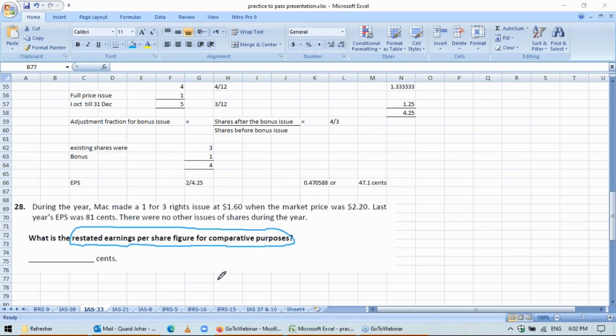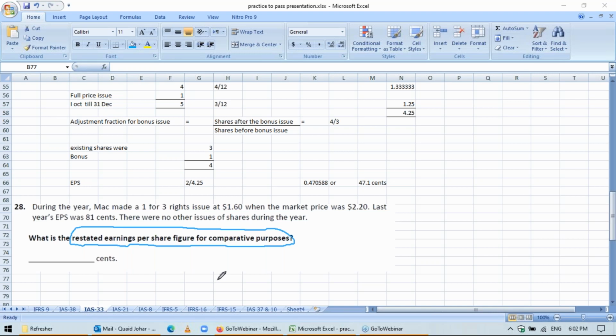So obviously last year's shares will have to be adjusted. If the last year's shares increase, then the last year's EPS will also decline. So when a bonus issue or right issue takes place, the current year's EPS will also fall due to the increase in shares and that adjustment fraction, and the previous year will have to be restated.